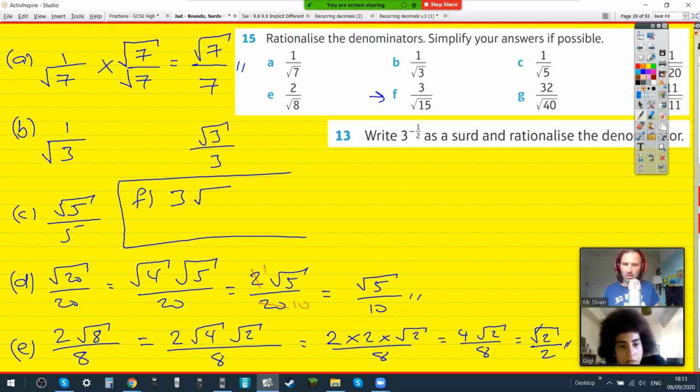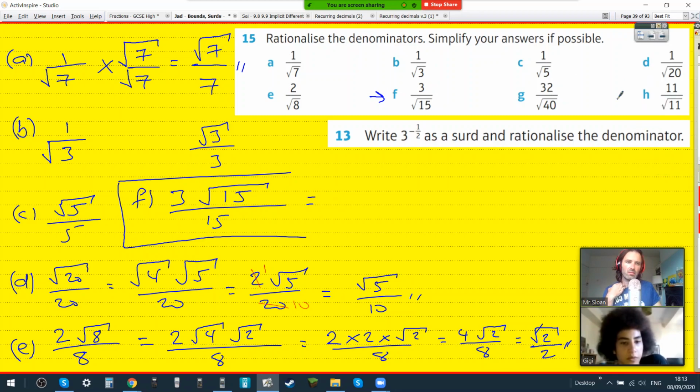Yeah. Don't think that gets any simpler though. Like root 3 and root 5, neither of them are square numbers, so I think just like 3 root 15. Can it not be simplified? Is that the answer? 3 over 15, so root 15 over 5. Yep. And they're not both square roots, so that's it.